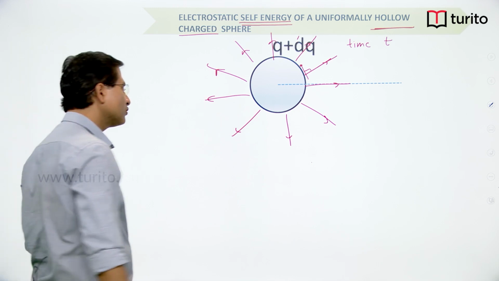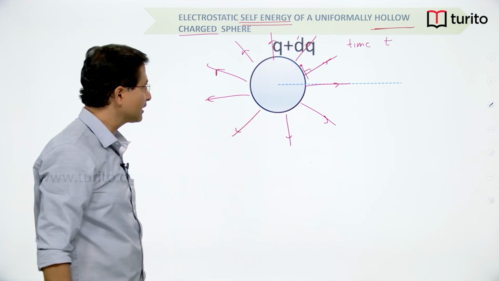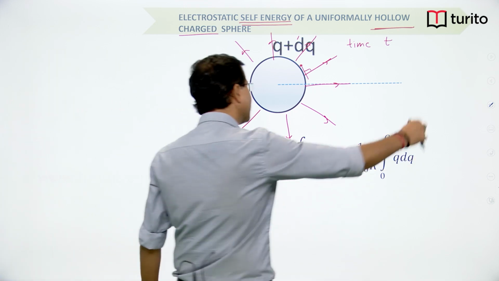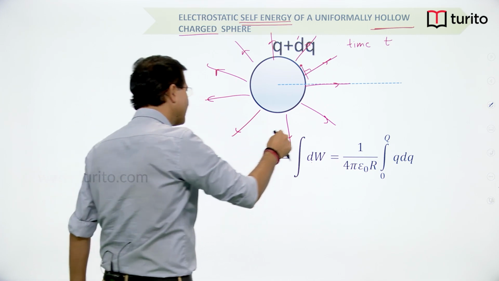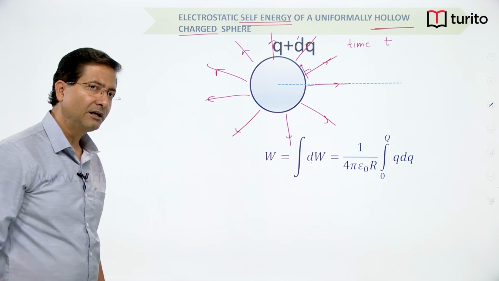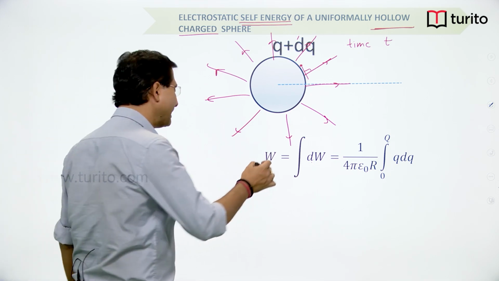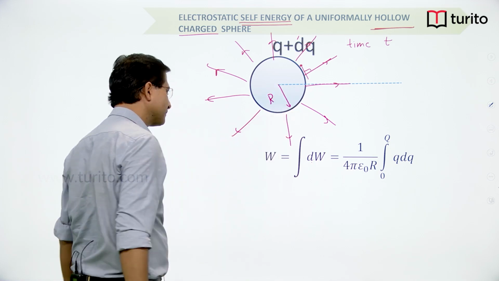So once we distribute the charge, the total charge on this one will become q plus dq. Similarly, we will bring another charge and we will distribute it. So whatever work you are doing increases the potential energy of the system. So you can see that every time you have to place the charge at the same distance r.